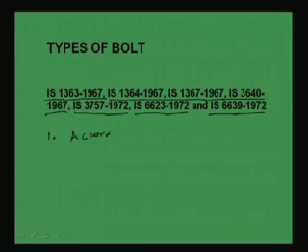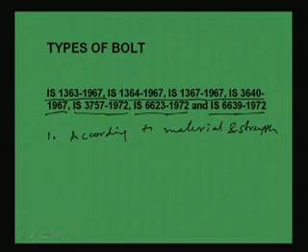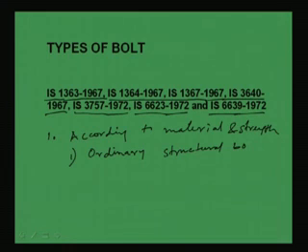Now, types of bolt can be divided in different ways. One is according to material and strength. So, bolts can be classified according to material and strength as ordinary structural bolt and high strength steel bolt.